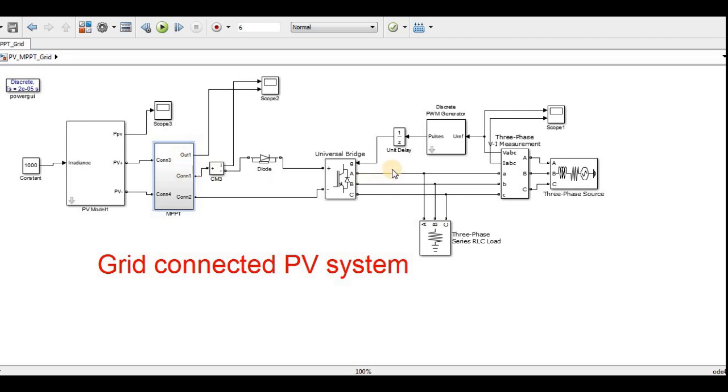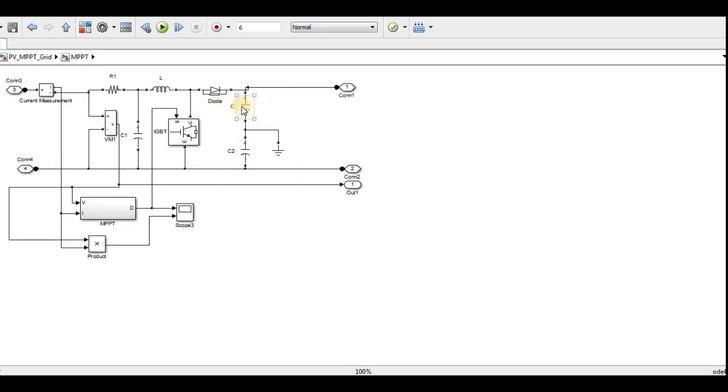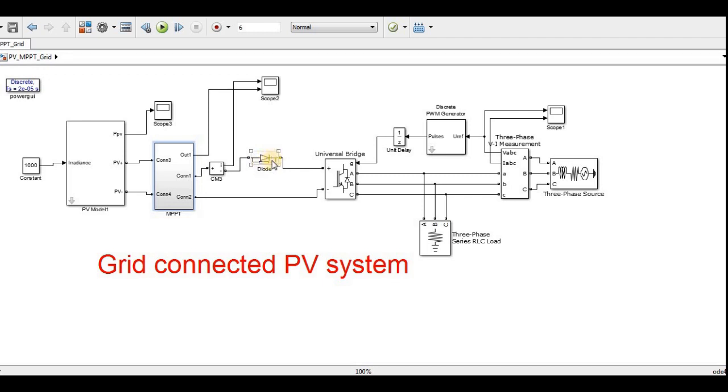But actually power flow will be zero, but current will circulate in between, because there is no resistance after this, and current cannot flow in this direction. To avoid all these things, I used one more diode here to restrict the current from the AC side to the DC side.